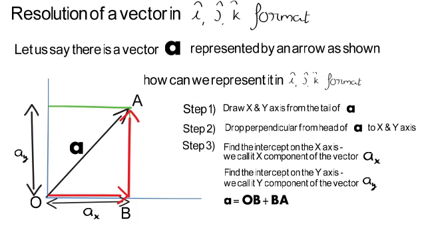Therefore we can say vector A is equal to AX i cap plus AY j cap, and thus the vector A, which was represented in graphical form by an arrow, can be represented in rectangular form by AX i cap plus AY j cap, where AX and AY are the x and y components of the vector.